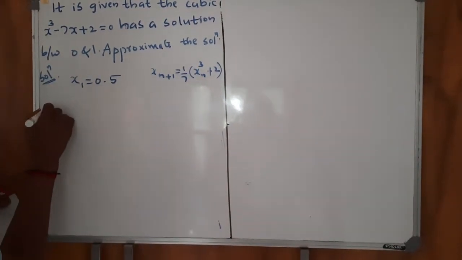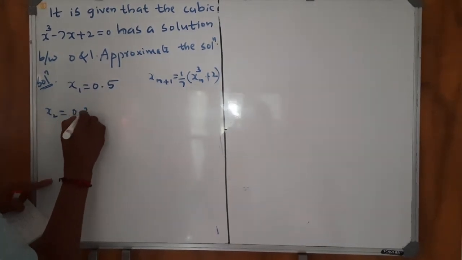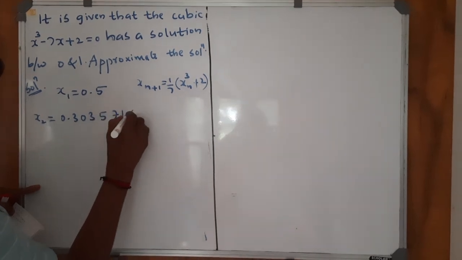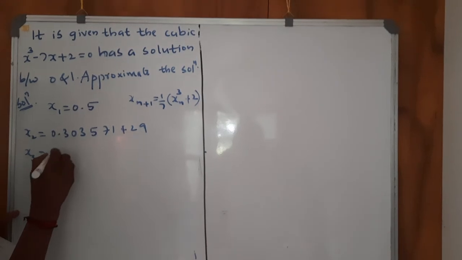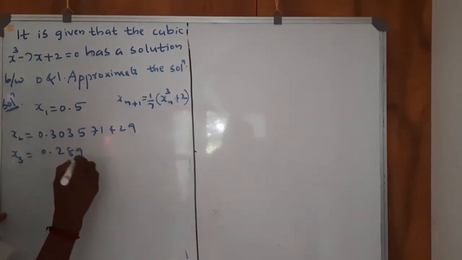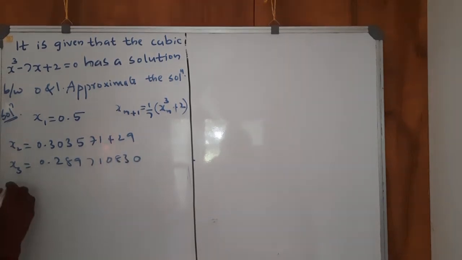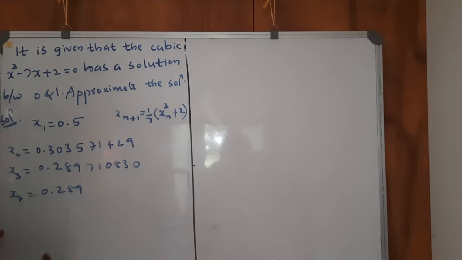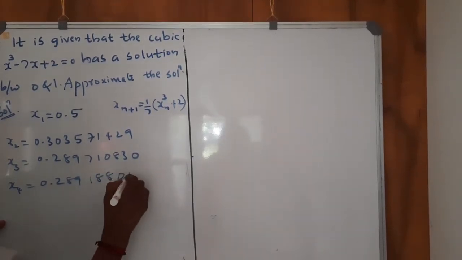Therefore, x2 by calculating will be 0.303571429. x3 will be 0.289710830. x4 is equal to 0.289188016.